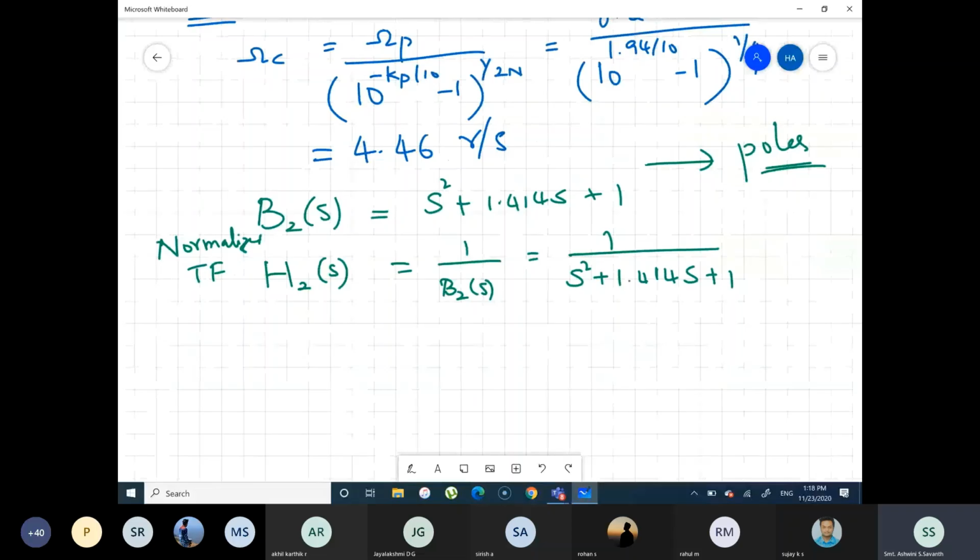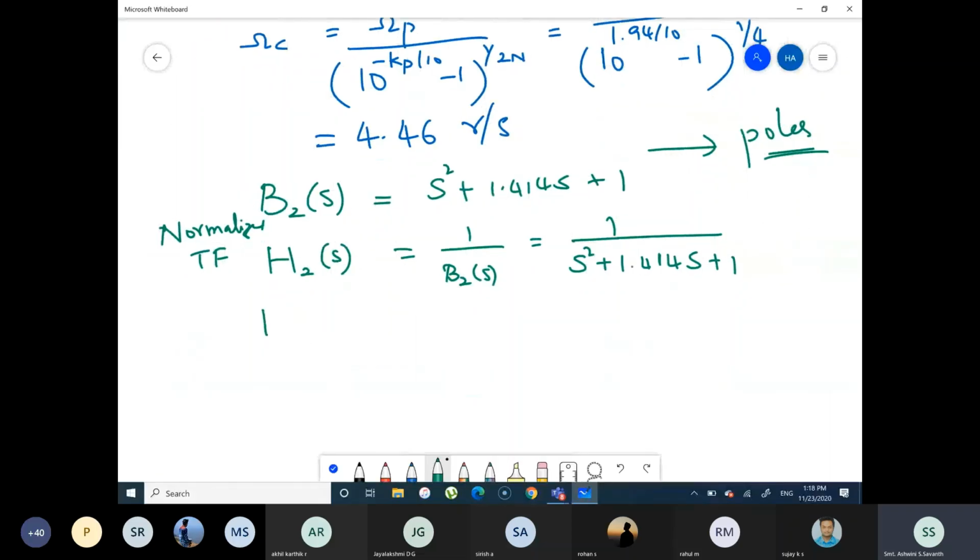So the desired low pass filter, if I call it LP of s, will be what? In the normalized transfer function H2 of s, replace s by s by omega c. That will transform the filter into the desired low pass filter.